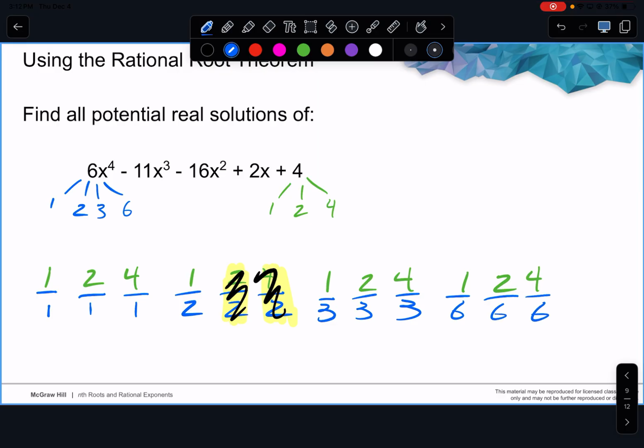Then we do it all with 6. Okay, now in this case, 2/6 is 1/3, right? So we already have that one. 4/6 is 2/3. So we already have that one. Okay, so we end up with 1, 2, 3, 4, 5, 6, 7, 8. And then because we're going to do the positive and negative, 16 possible solutions.